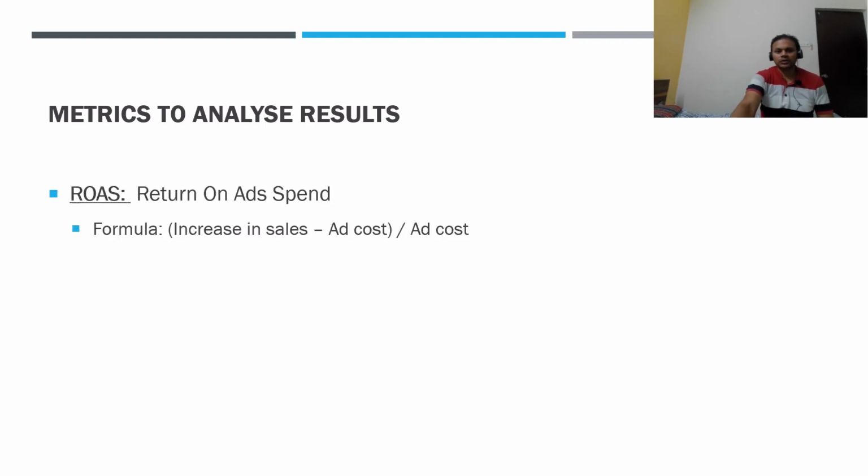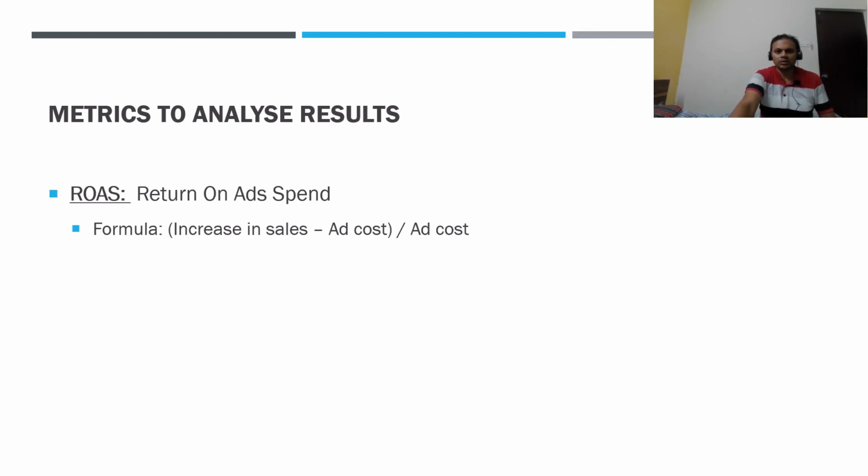The next metric that we are going to discuss is return on ad spend. So return on ad spend is basically the incremental sales minus whatever you had spent, versus the cost. Let's say you have launched a new product, and over the last 3 months this product had done sales of, let's say, 10 lakhs.